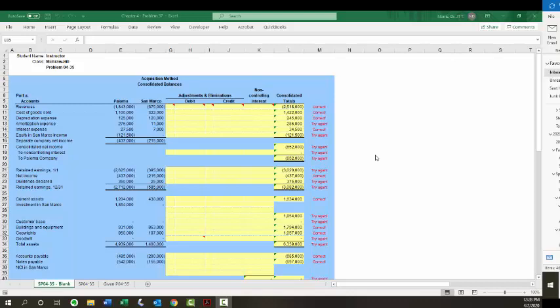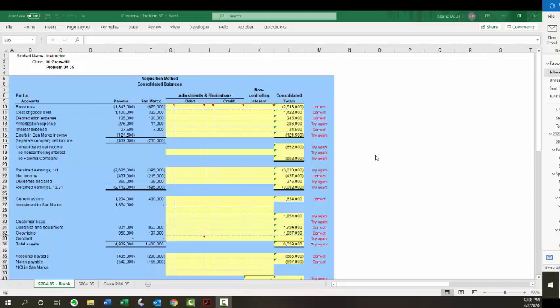At the acquisition, San Marco's owners' equity had common stock of $400,000, additional paid-in capital of $60,000, and retained earnings of $265,000. They had a customer base with an assessed fair value of $800,000 that was not reflected in the books. And that is going to be with a 10-year remaining life.